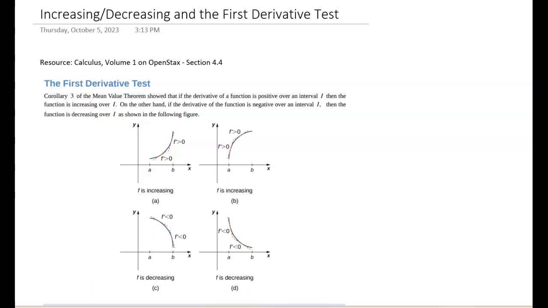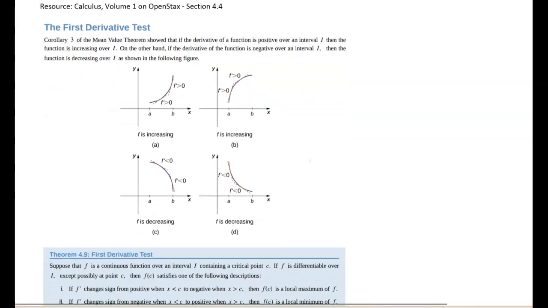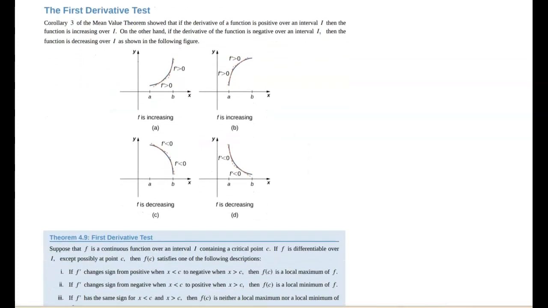All right, you have made it to one of the most important parts of all of calculus, and that is the first derivative test. It's part of the mean value theorem if you want to go into a theoretical way to look at this. But essentially, when you have an increasing function, the slopes of those lines are positive slopes.